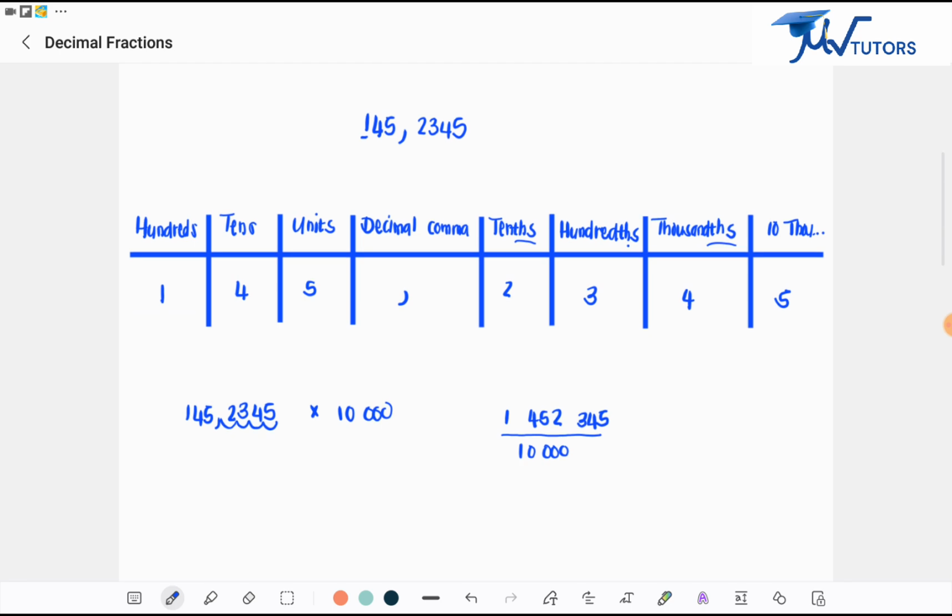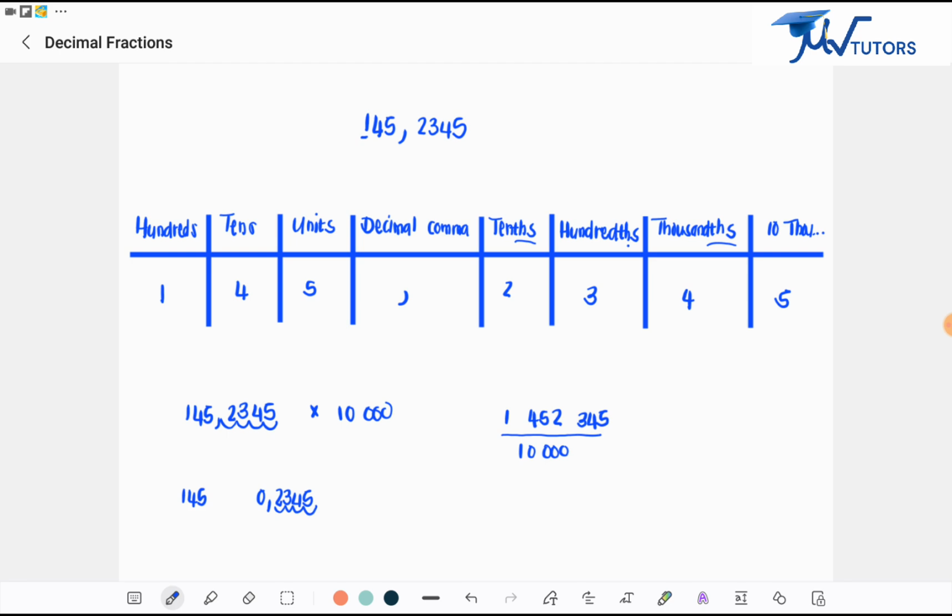Or what you could have done as well, you could have said, we're leaving this 145 out, okay? And we're going to deal with the comma or point 2345. So again, if you have 145, leaving it right there, and you have 0.2345, again, you can also multiply that by 10,000 because we still need to move 1, 2, 3, 4 spaces to the right.